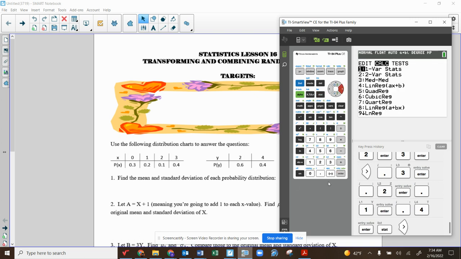Stat, Calc, 1-Var Stats, L1, L2. All right, so we have 1.6 for the mean and 1.28 for the standard deviation.